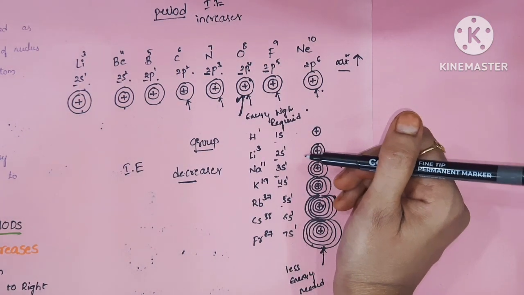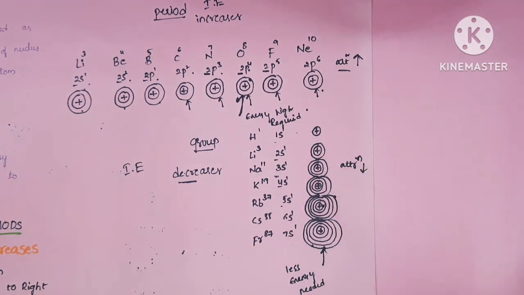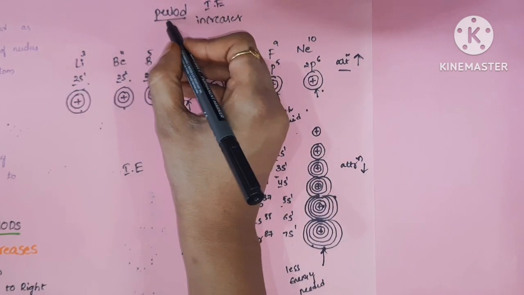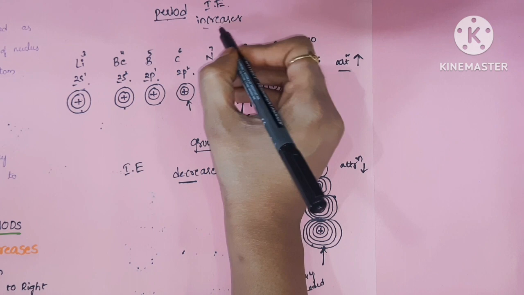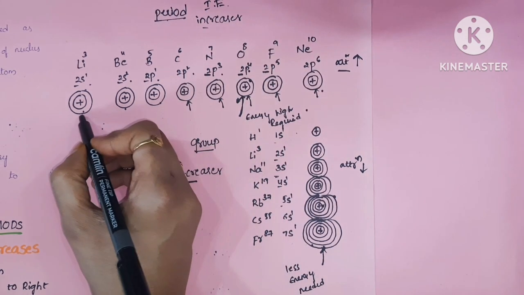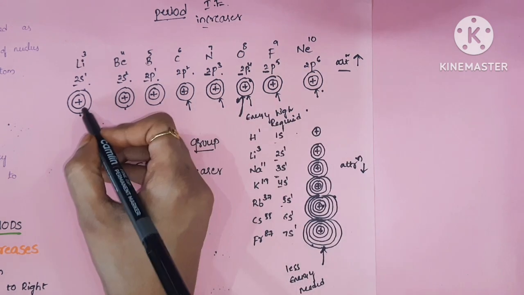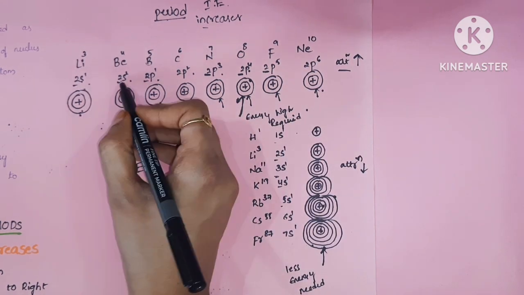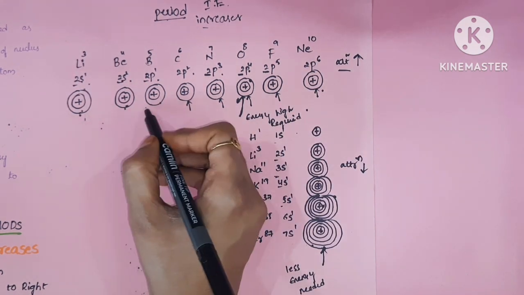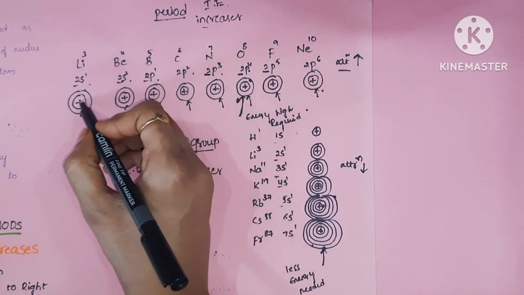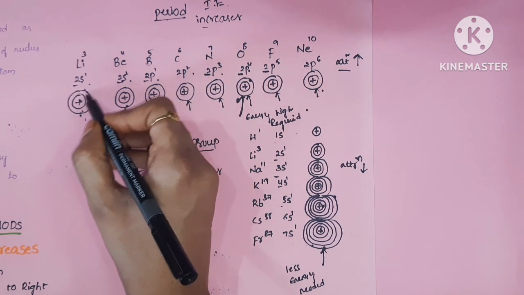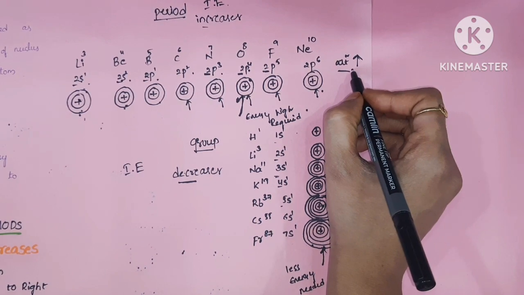It is very simple. You have to understand. In periods, ionization enthalpy increases. Why? Because the size does not increase; it remains the same, 2s1, 2s2. That means the number of shells does not increase, so attractions between the nucleus and outer electrons are very high.